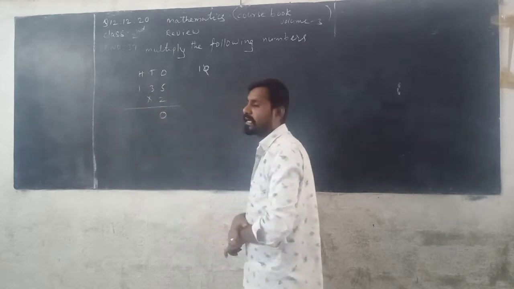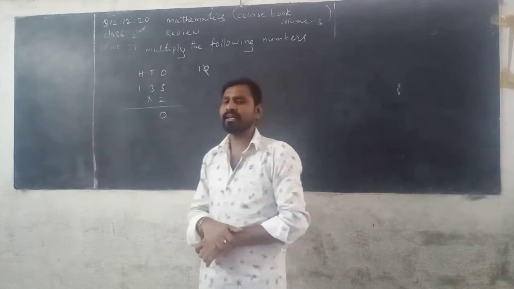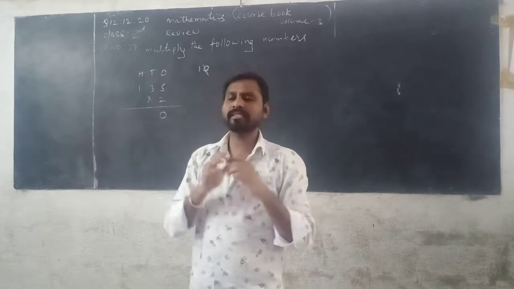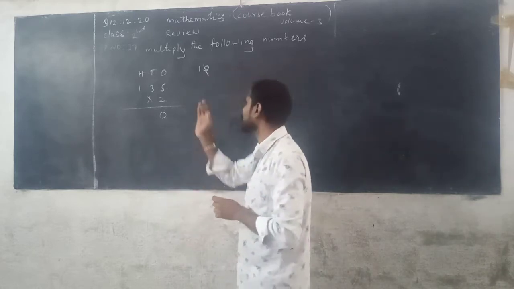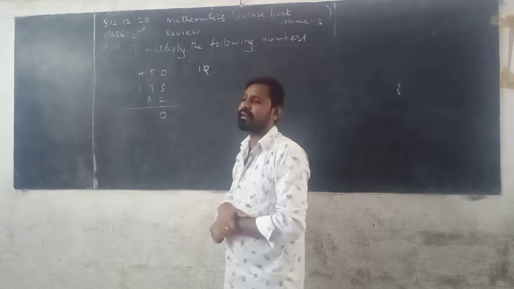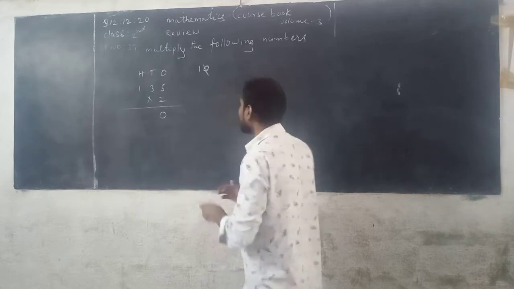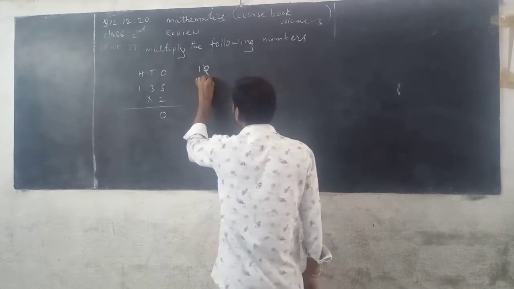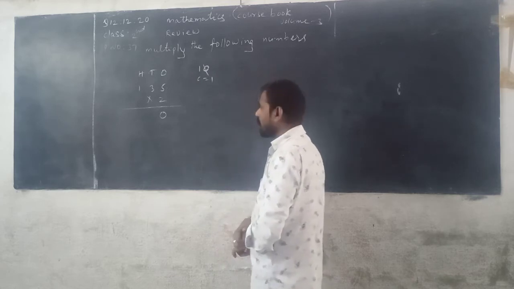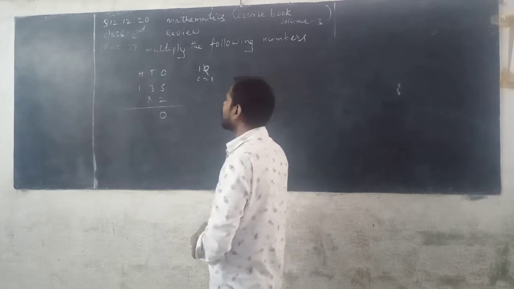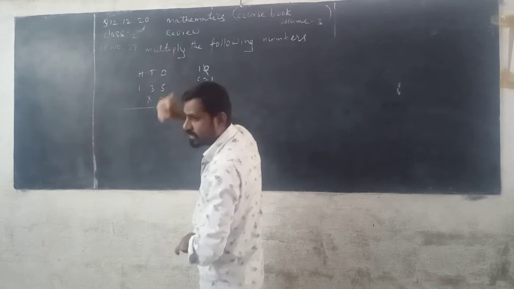We can write 0 because 0 is in the ones place. The ones place digit is always taken and the tens place digit is always carried, beta. See here, what is carrying? 1.